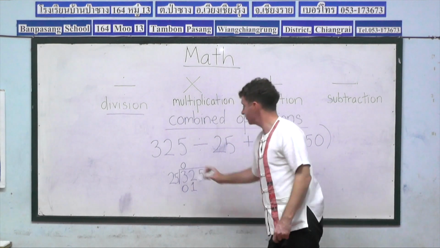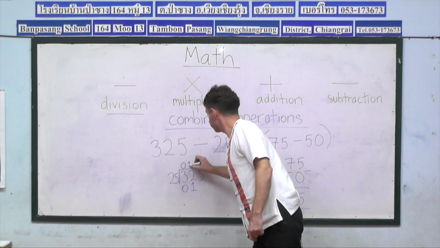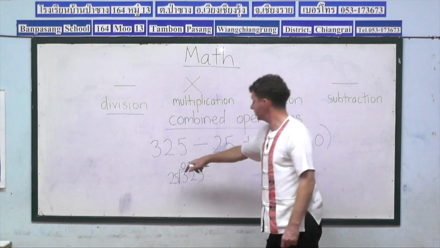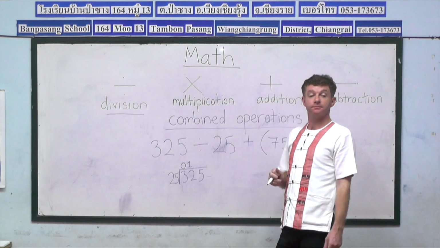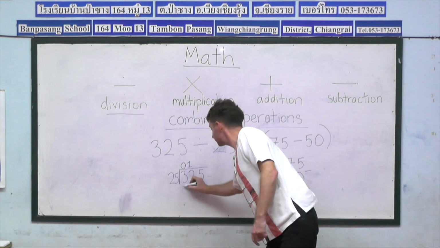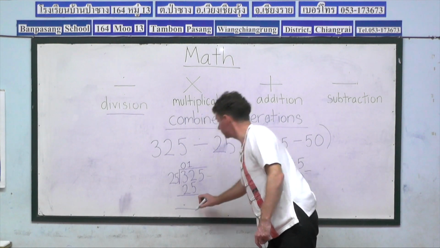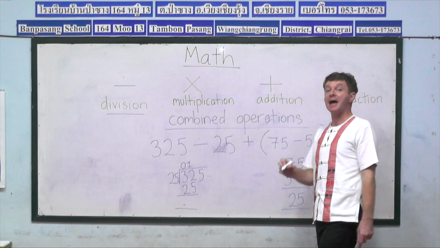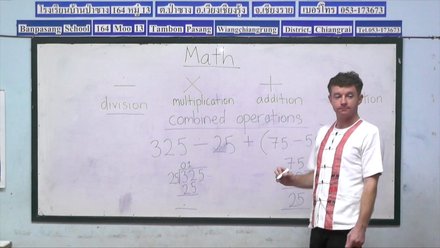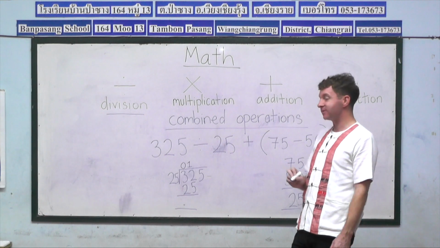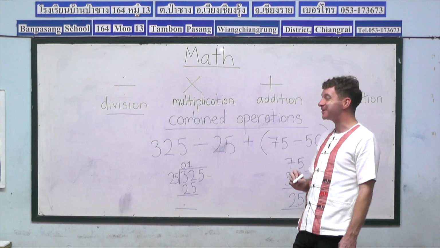Then 1 times 25 equals 25. The next stage, subtraction: 32 minus 25 equals 7.